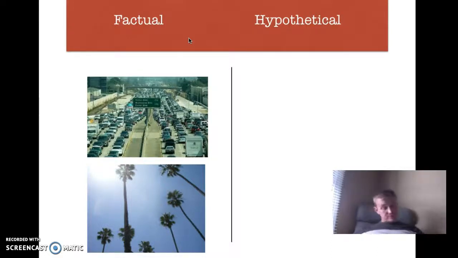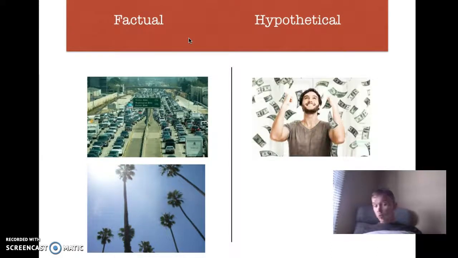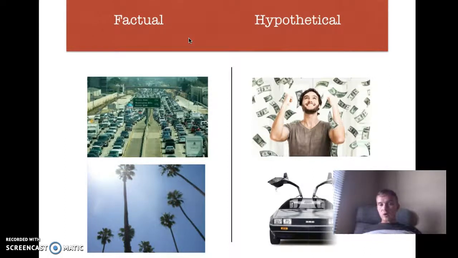Or hypothetical, so for example, winning the lottery or becoming a billionaire, or maybe flying cars. Okay, they don't really exist, but when we're talking about them hypothetically, we might use a conditional. So we're making that decision. Is what we're talking about likely and factual, or is it hypothetical? Is it counterfactual?